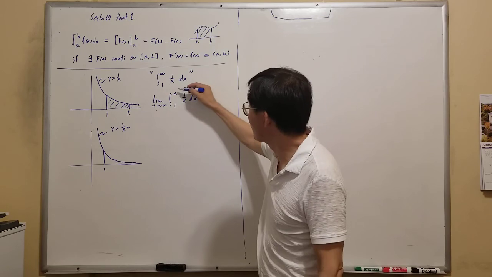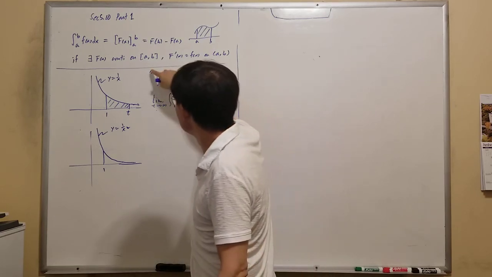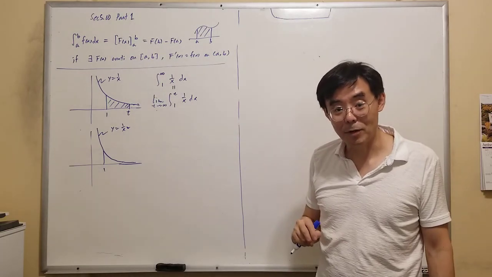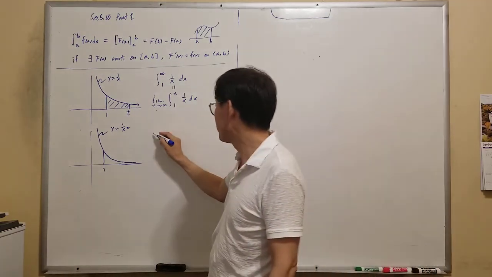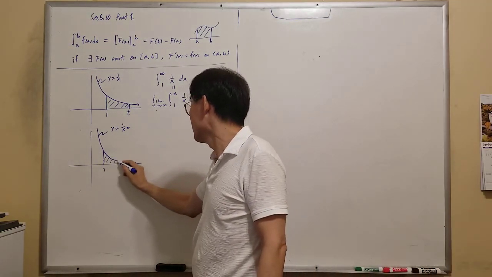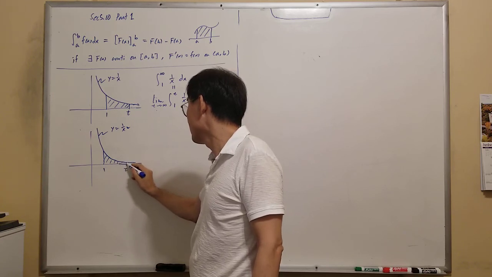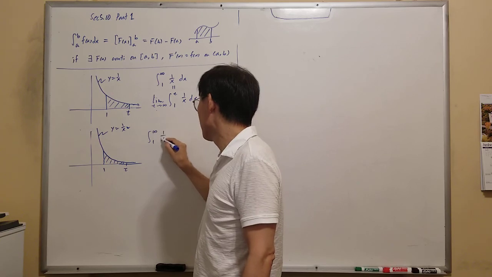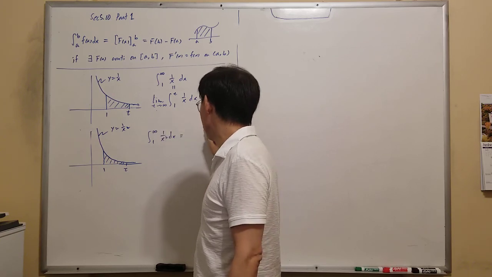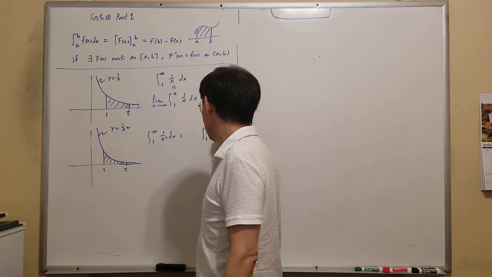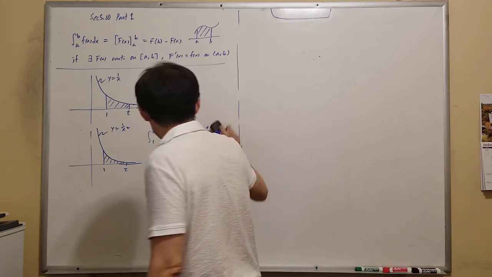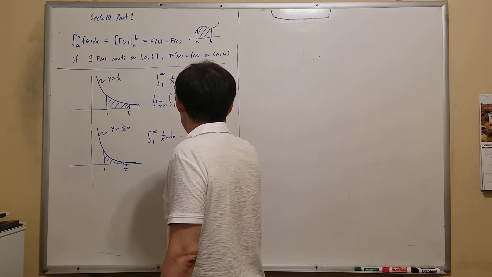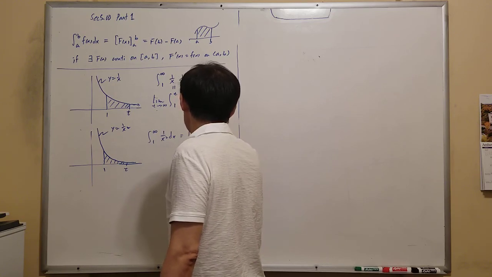So this is what we want to define as this integral. Likewise, this one will also be defined exactly the same way. The integral from 1 to infinity of 1 over x squared dx will be defined as the limit as t goes to infinity of the area so far function.